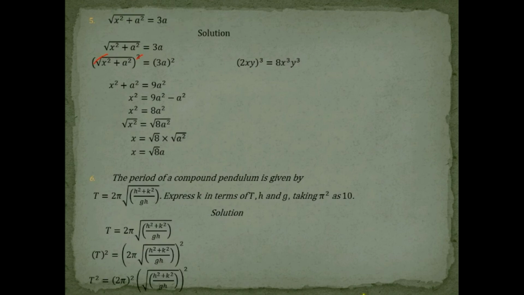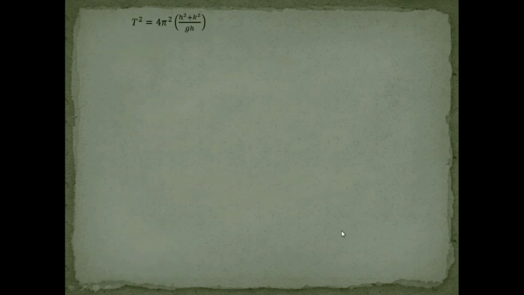Remember that this square right there is going to apply to this 2 and it's going to apply to this pi. So that's going to be 4 pi squared. So we're having T squared equal to 4 pi squared. Then the square is going to cancel out that square root you have right there. So therefore you'll be having this.